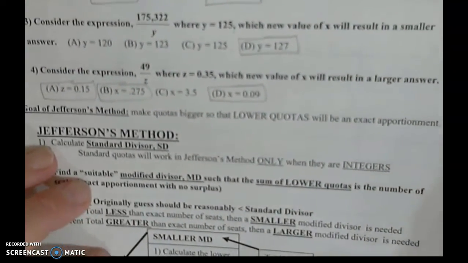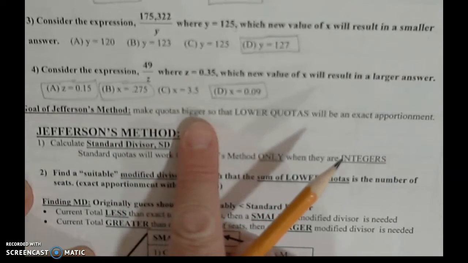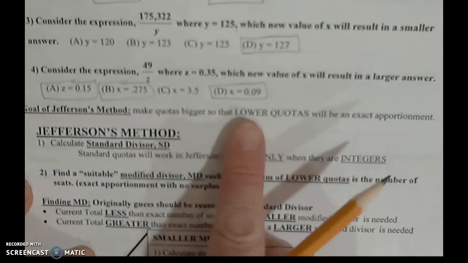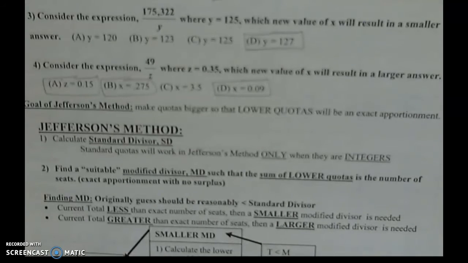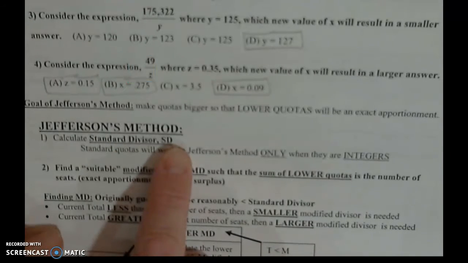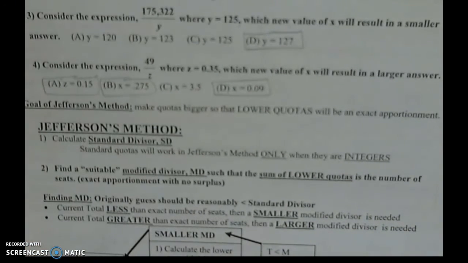So the goal of the Jefferson method is that we need to make the quotas bigger so that the lower quotas will become the exact apportionment. So we're going to start off just like the Hamilton method. We're going to find a standard divisor, and we're going to find our lower quotas, just like we did with Hamilton.